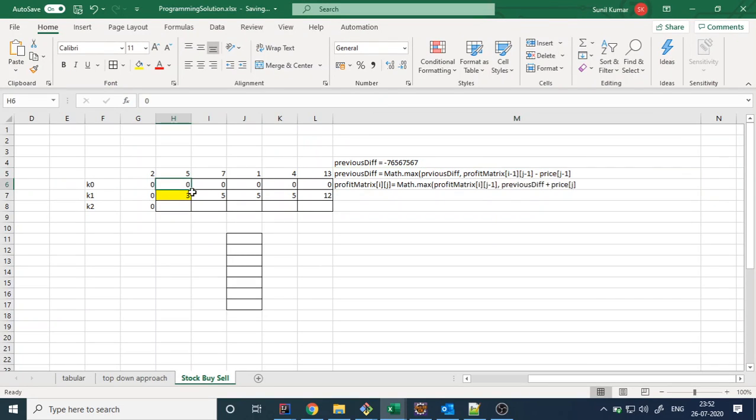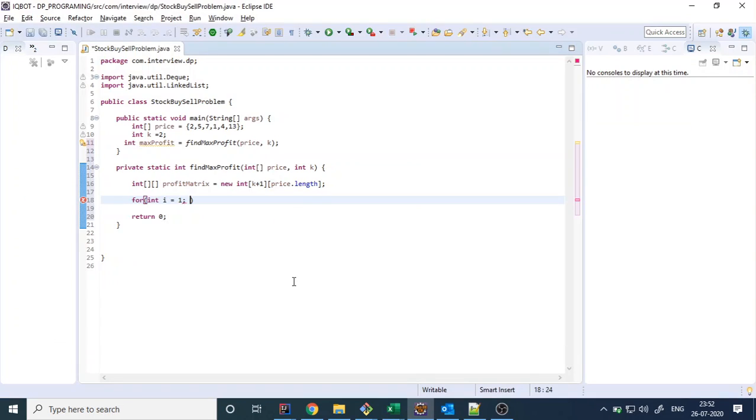I am saying that the first row and first column will be 0, so I start with k equal to 1, i plus plus.